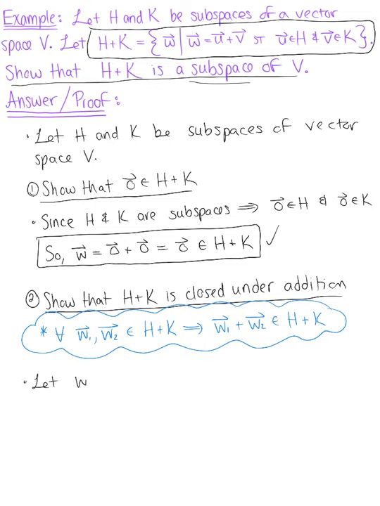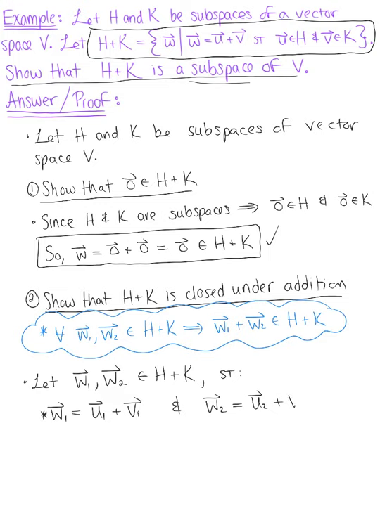So let's begin by defining W sub 1 and W sub 2. We want to let vector W sub 1 and vector W sub 2 be in the set H plus K, such that vector W sub 1 is equal to vector U sub 1 plus vector V sub 1, and vector W sub 2 is equal to vector U sub 2 plus vector V sub 2.